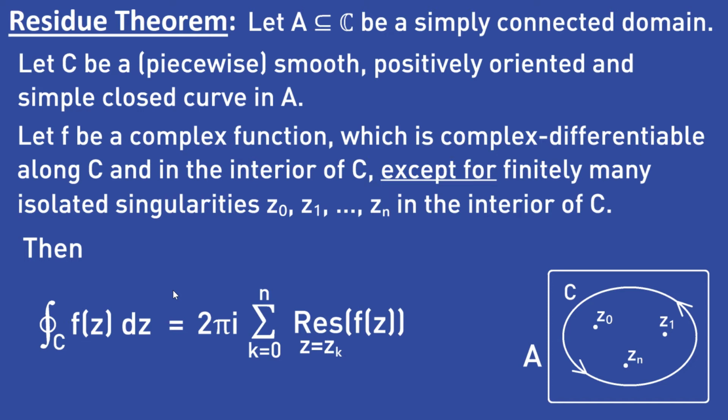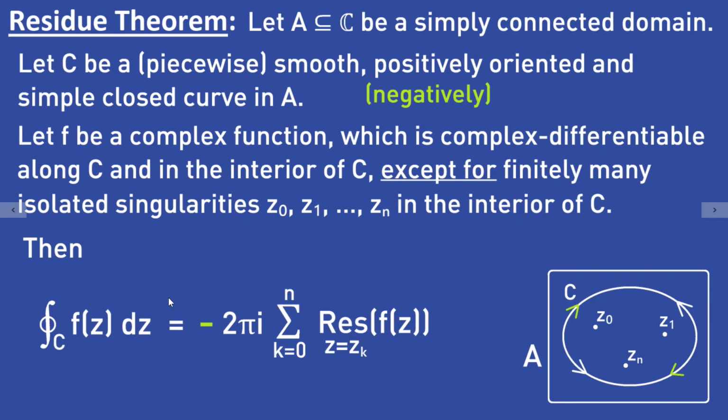I will show you how to calculate the residue of a function at an isolated singularity in a minute. But first of all, if you have a negatively oriented curve instead of a positively oriented curve, you need a minus sign in the formula. So for a negatively oriented curve, you need a minus sign in the formula.